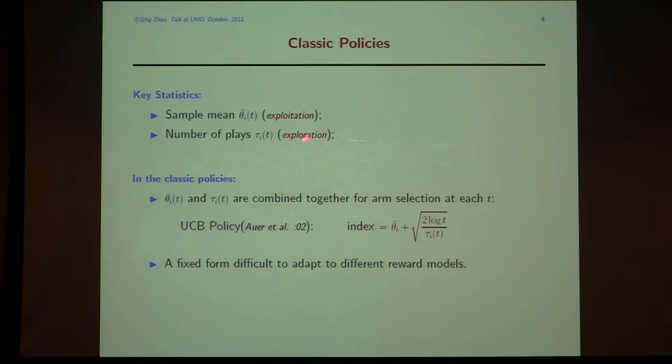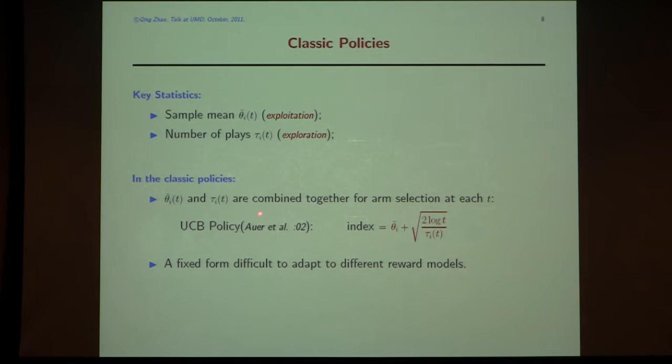The other is the number of plays, tau i, of arm i up to time t. Intuitively, we want to favor the arm with the largest sample mean, and also the arm with the smallest number of plays, because that's the arm we don't know well enough. Its sample mean may not be a good indication of how good it is. So the question is, how do we combine these two statistics in selecting arms?